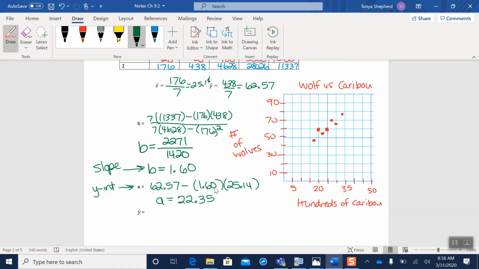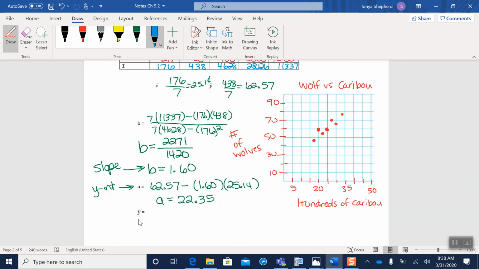Okay, so we've gotten our B value, we've gotten our A value, but the question said, write the equation of the best fit line. If you don't write the equation once you have this information, you have not answered the question. I want the y equals equation for the best fit line. Okay, so the best fit equation is a special equation, and so y equals, we put a little hat on the y.